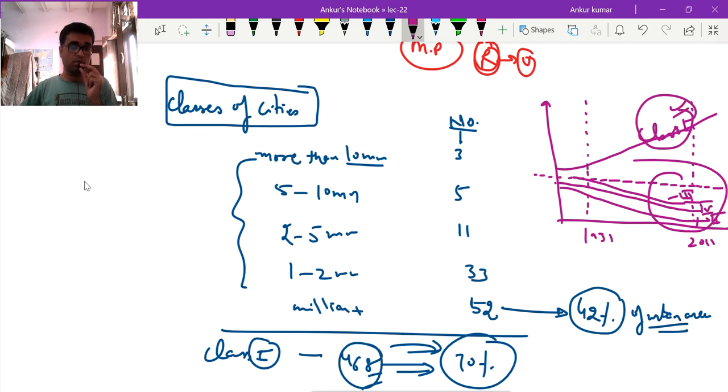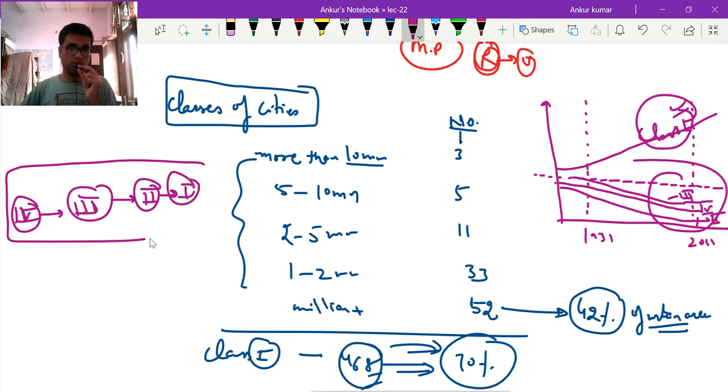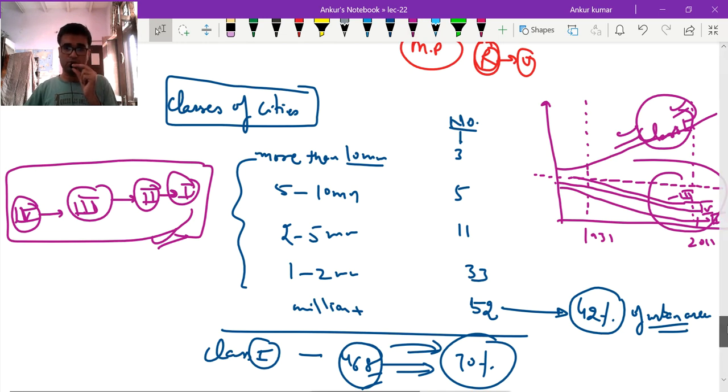This is nothing but the transformation is happening, because class 4 cities are transforming into class 3 cities, and class 3 cities are transforming into class 2 cities, and class 2 cities are transforming into the class 1 cities. So this is the reason for the heavy growth of the metropolization at the cost of smaller towns, smaller cities in India. So this is the urbanization pattern that we can classify in 3 types, that is the temporal pattern, spatial pattern, and the classes of cities.